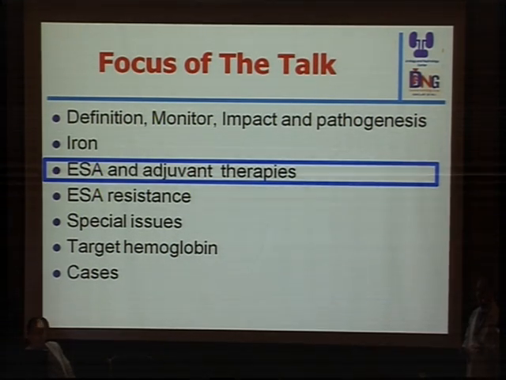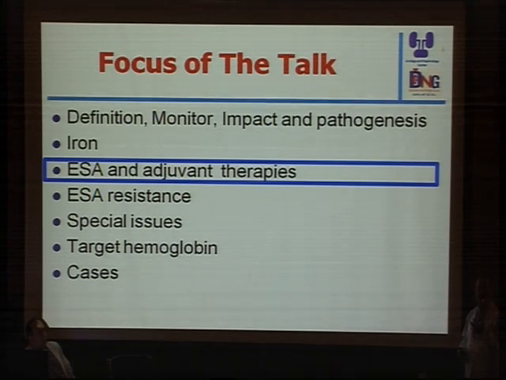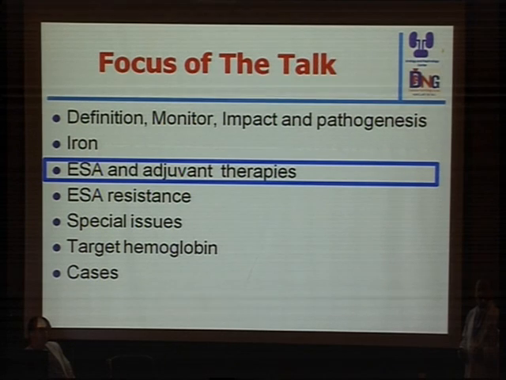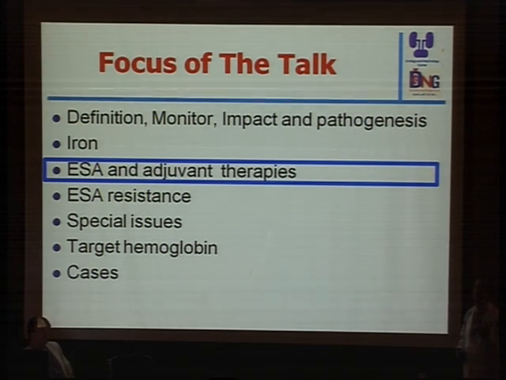We have a strategy to look at the iron stores: serum ferritin plus transferrin saturation should be checked before and periodically to assess iron stores. If we have the capacity in our lab to monitor hypochromic red cells, it may be better.